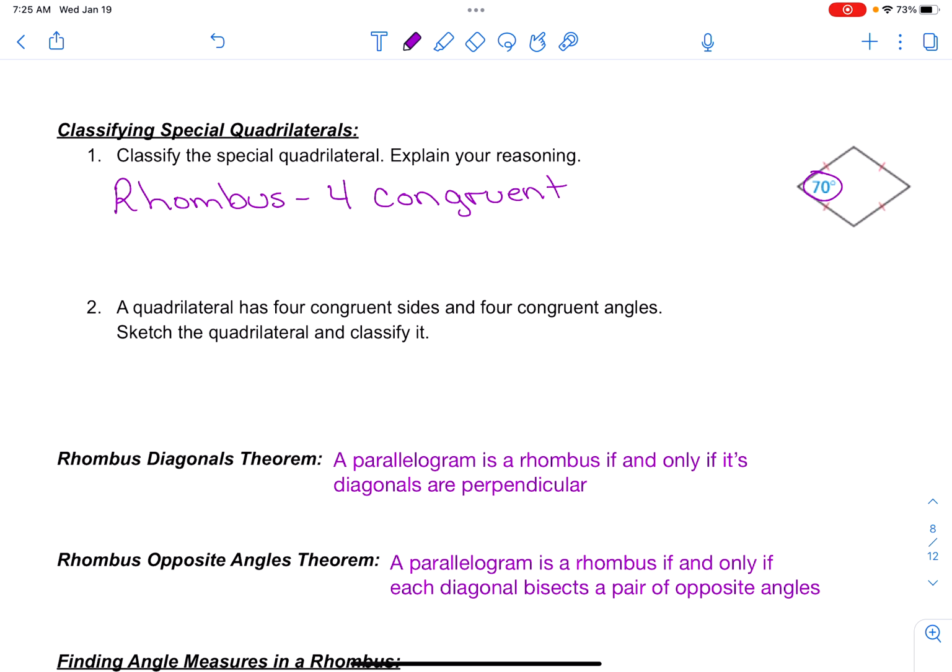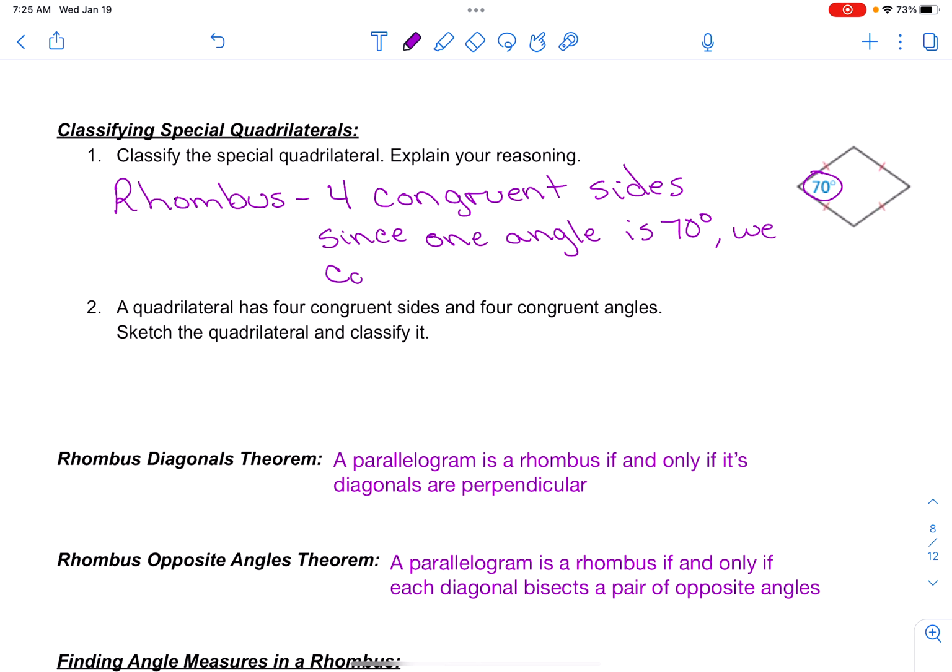So it's a rhombus because we have 4 congruent sides. And then since one angle is 70 degrees, we can't have 4 right angles.